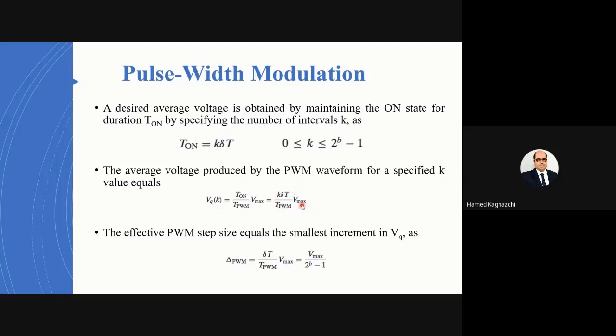this value. Okay, now again, same as the boxcar reconstruction, if I know the delta value of the signal, how can I find the delta? V max divided by 2 to the power of b minus 1. We learned it before.